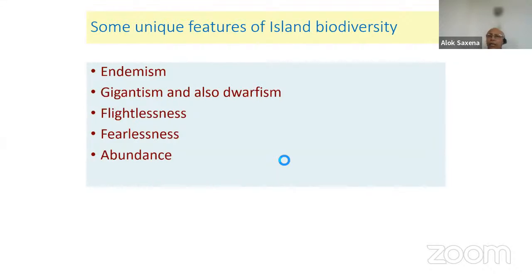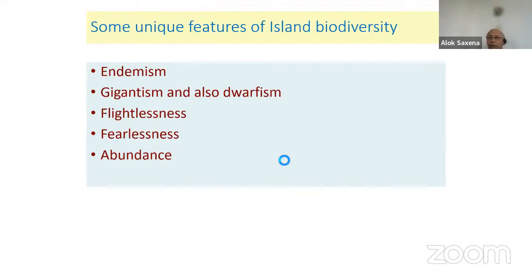So endemism is very high in all the islands, because over a long period of isolation and limited resources, the original species try to adapt to whatever is available on the islands, and they normally diverged into different varieties to suit the conditions in the island, leading to some endemic species.